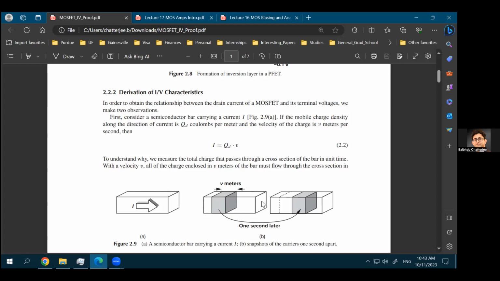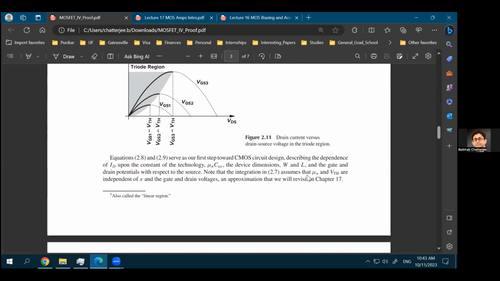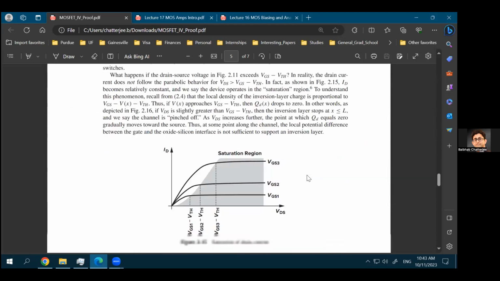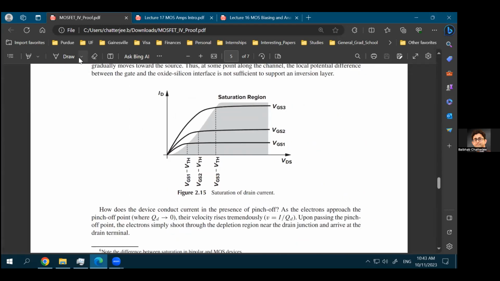But then there will be a region where the ID versus VDS characteristic of the MOSFET saturates. If we look at this plot, initially the current increases as you increase the drain to source voltage, that is, the voltage across the MOSFET. Remember, if this is your MOSFET, this is the gate terminal, this is the drain terminal, and this is the source terminal.